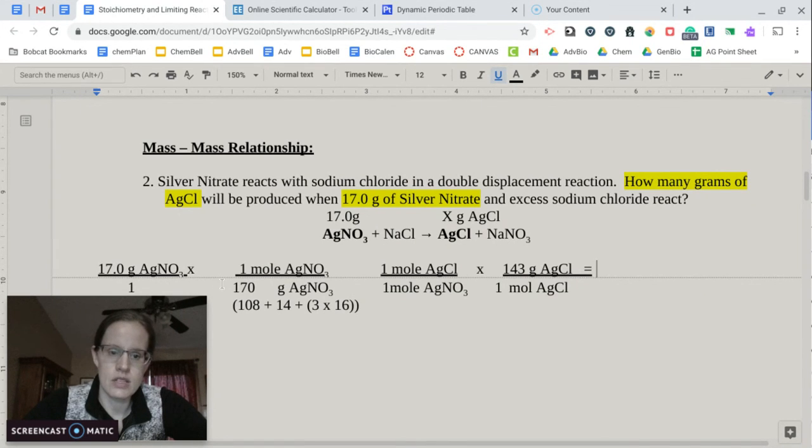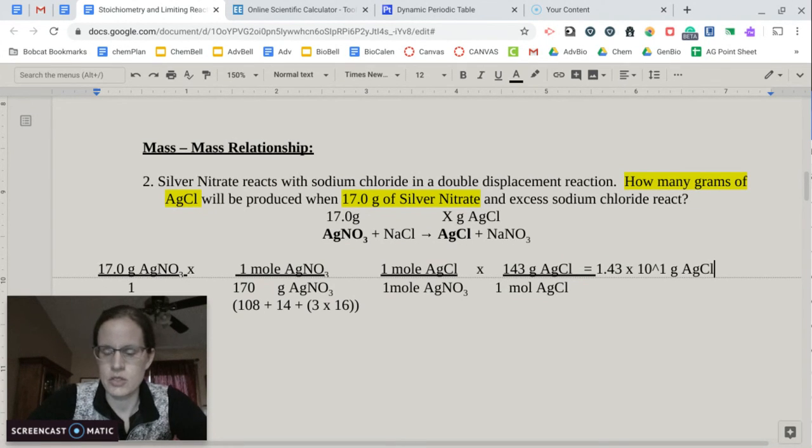So I do 17 divided by 170. I can skip this step because it just cancels out, and then times 143. So I already plugged it into my calculator. I got 1.43 times 10 to the first grams AgCl. You have to put your whole label on there.